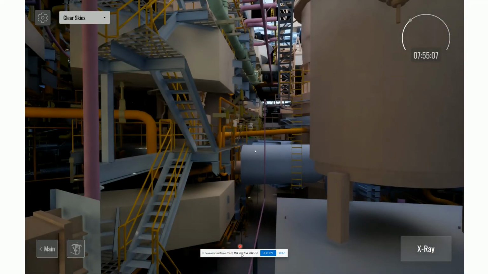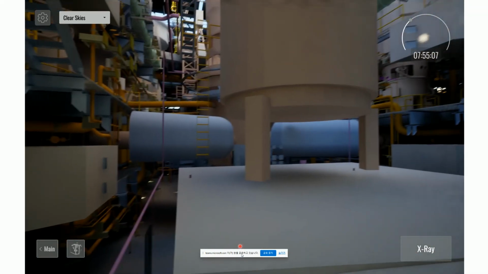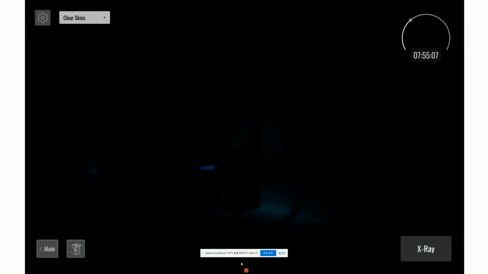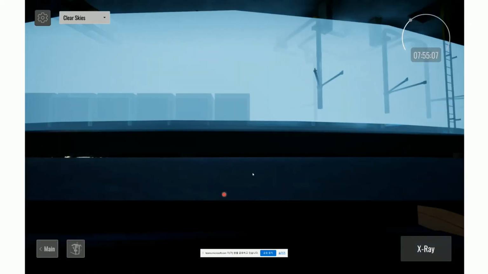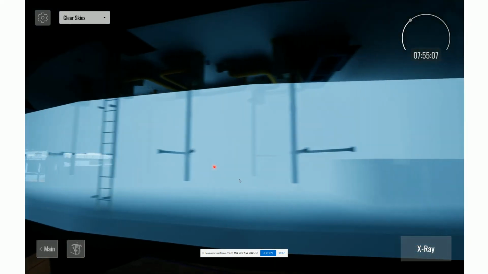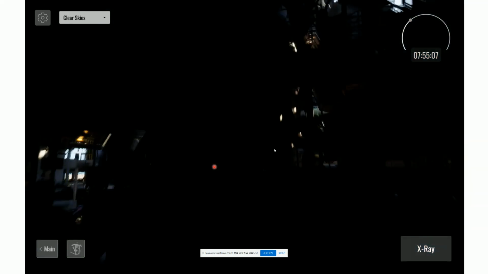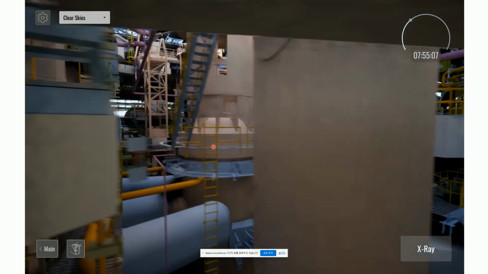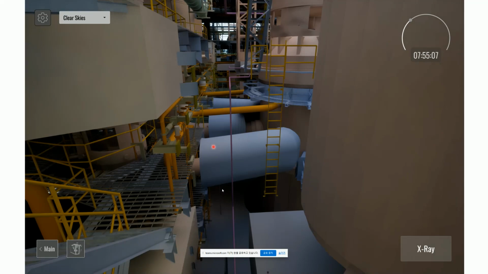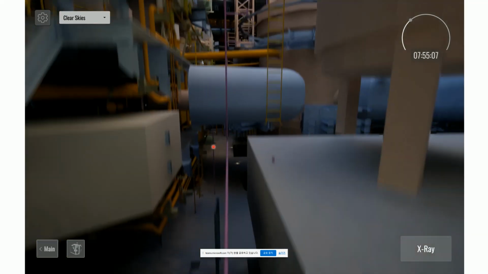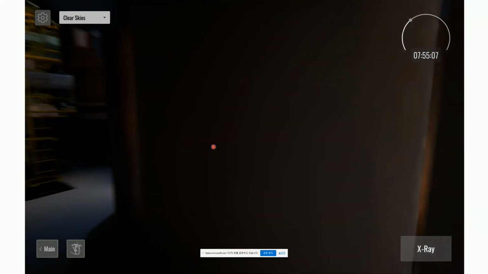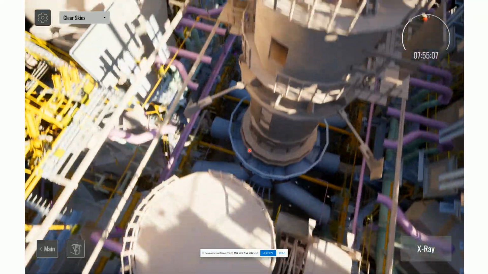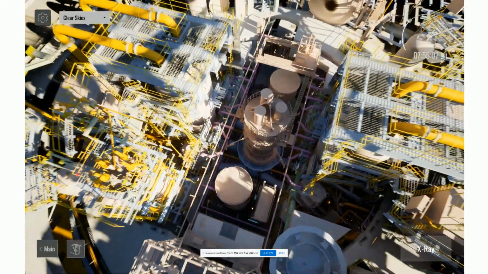We will see the bottom soon. Okay, this is the water tank. We are inside. We are going up again. I think this is a very fancy digital twin, very accurate and detailed. Now we are out.